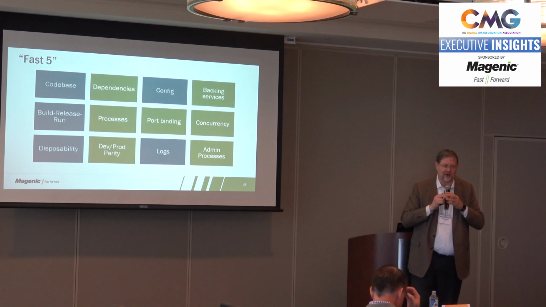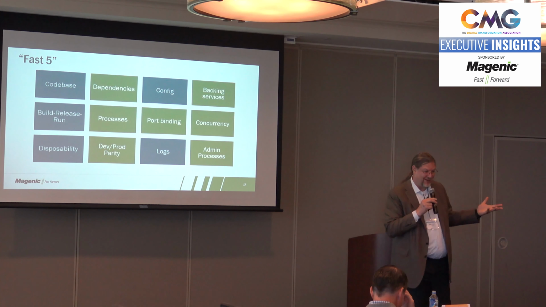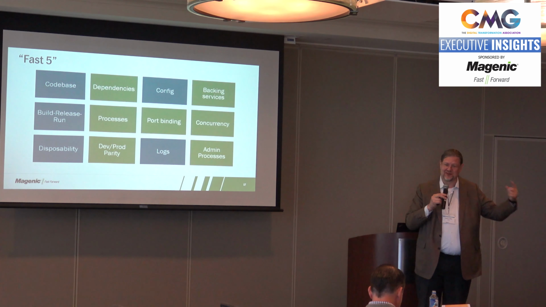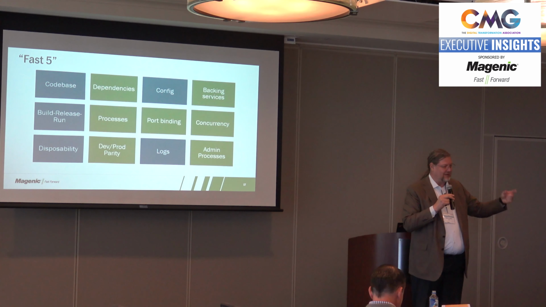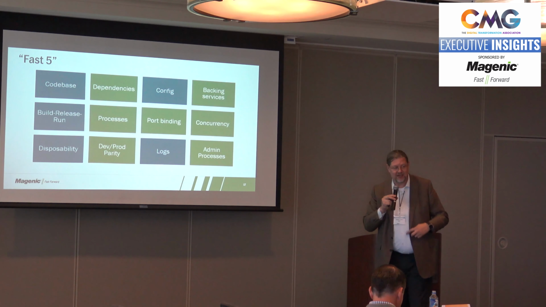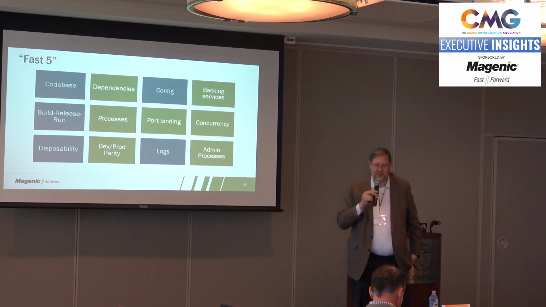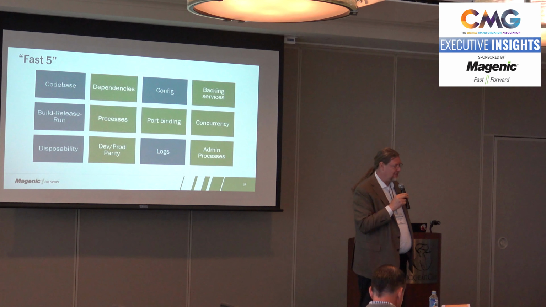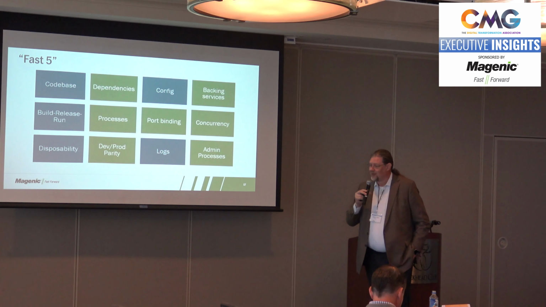You need to have the code base. That's step 1. And not only that, you have to actually have the code base in a way that you can apply DevOps to it. So you have to be able to build, release, and run in an automated fashion.